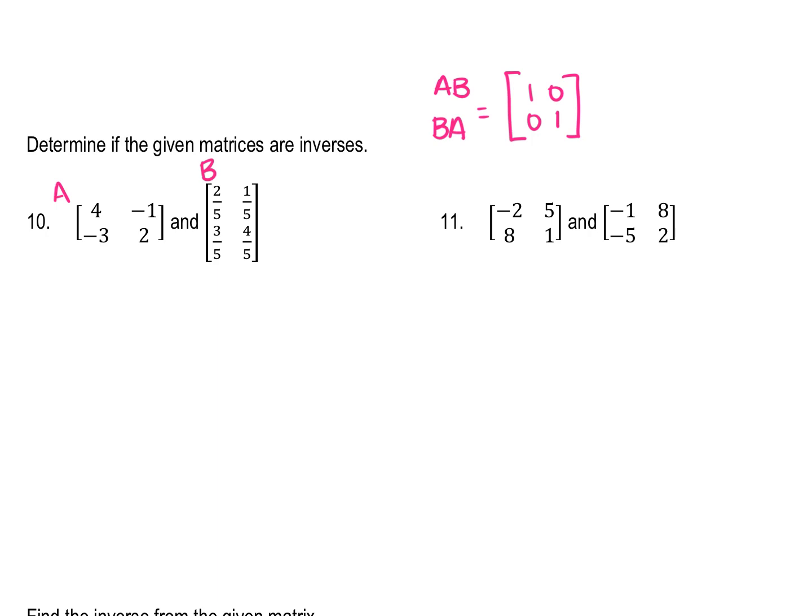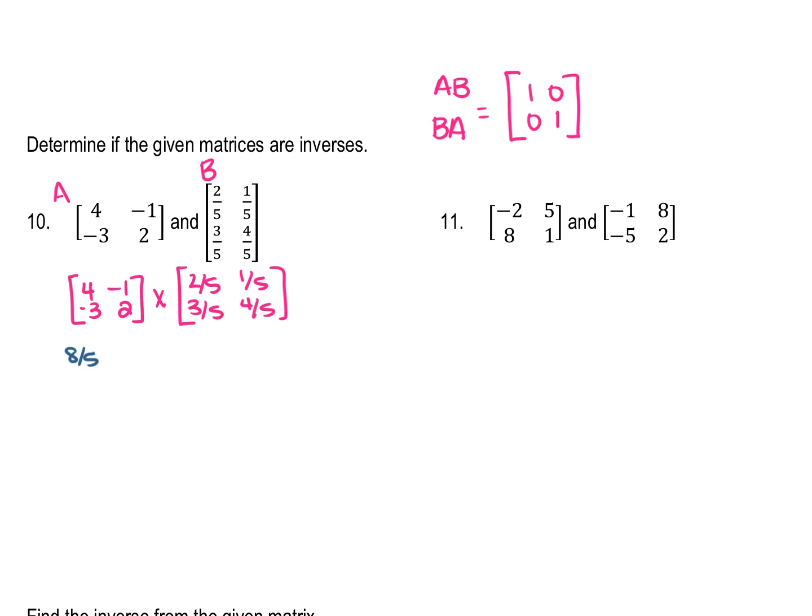So with this, for your A times B for number 10, you're going to do 4, negative 1, negative 3, 2, times 2/5, 1/5, 3/5, 4/5. If we multiply, 4 times 2/5 is 8/5.